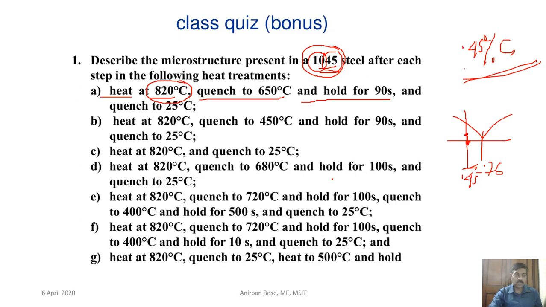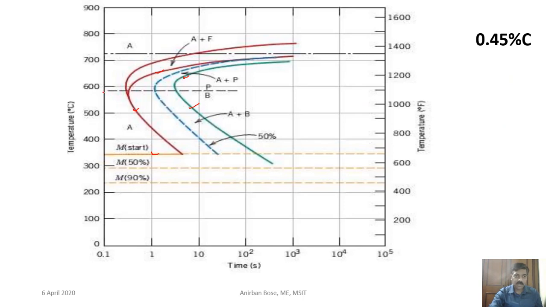Now in this diagram you have to draw these cooling curves and finally conclude the microstructure. So quench to 650 and hold for 90 seconds and quench to 25, that means to room temperature. At 650 degrees centigrade, this is 600, this is 650. You quickly reach from 840 to 650 degrees centigrade.